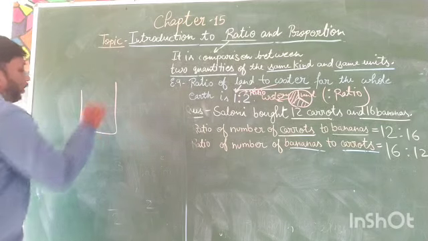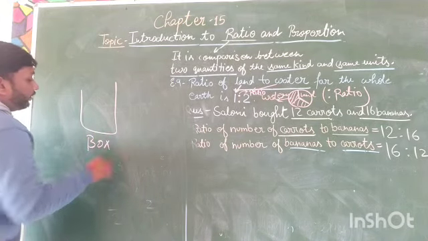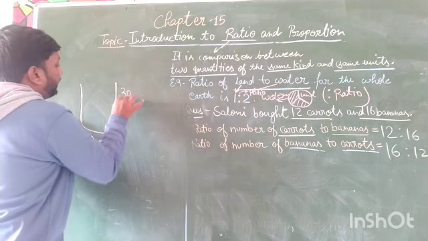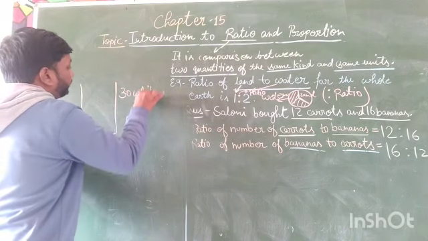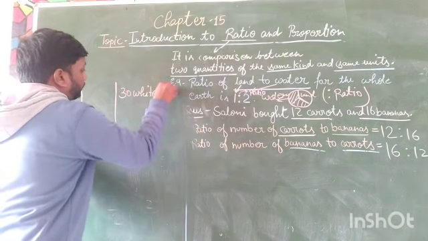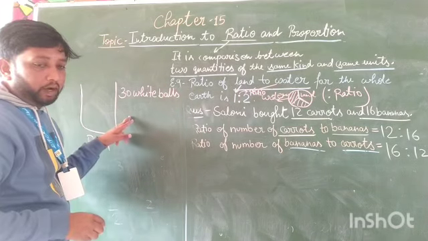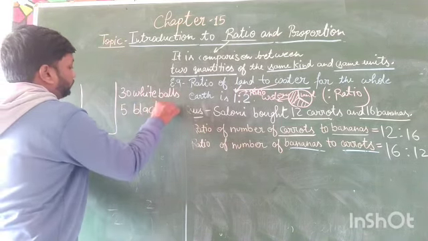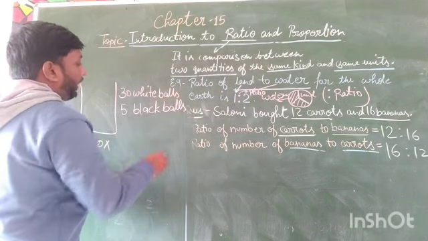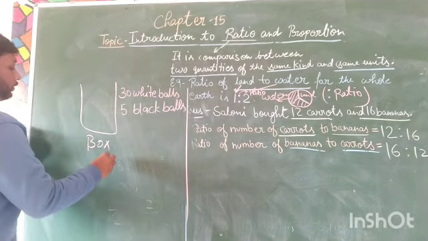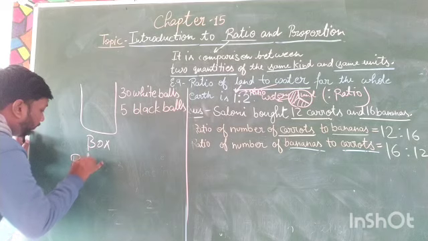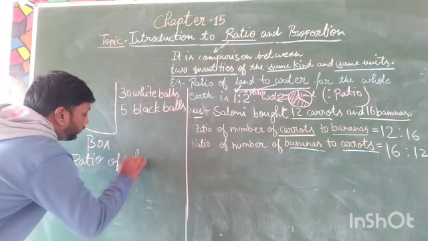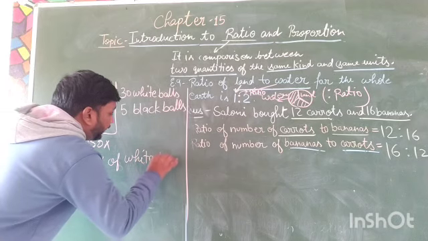This box contains 30 white balls and 5 black balls, and we compare the ratio of white balls to black balls.